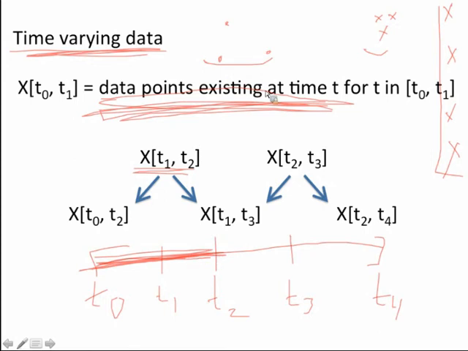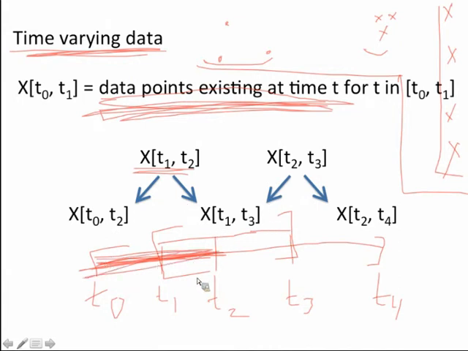So I may take a look at all of these data points over here. And then I might take a look at the data points from T1 to T3. And then I can take a look at the zigzag persistence to see how the data points from here vary with respect to the data points from here by taking a look at how they work on the intersection. So I've got this zigzag persistence where this includes into both of these here. So again, I have my zigzag persistence.